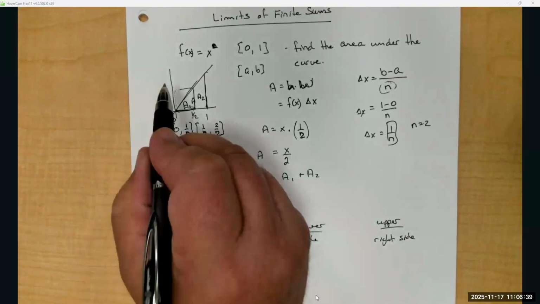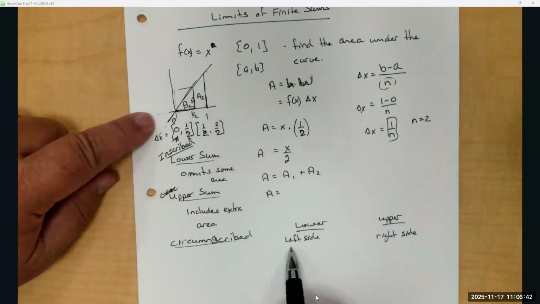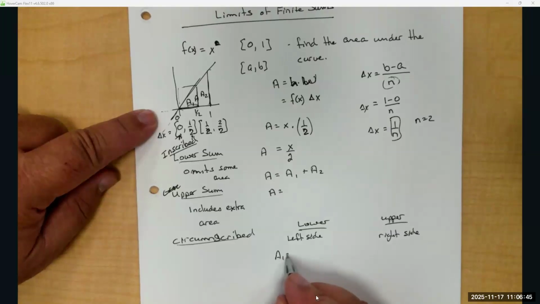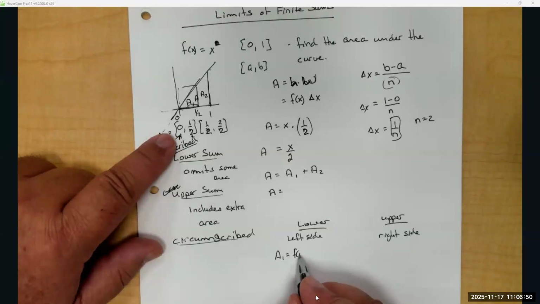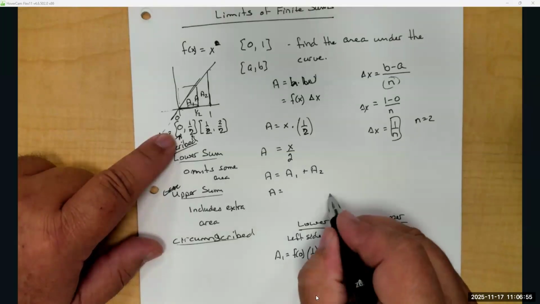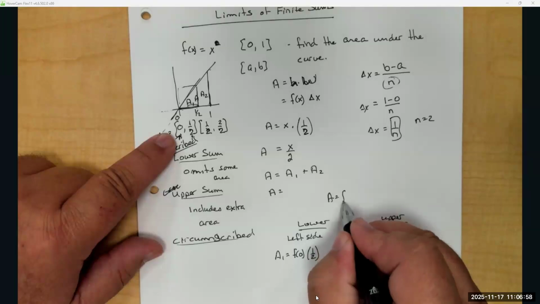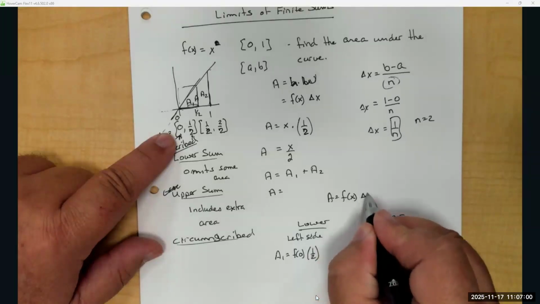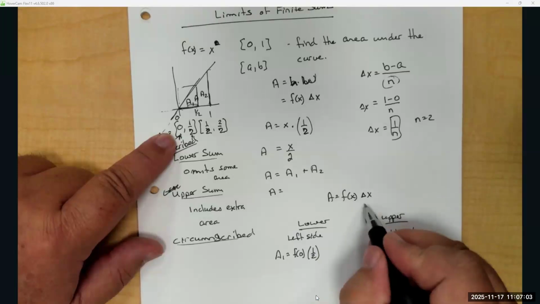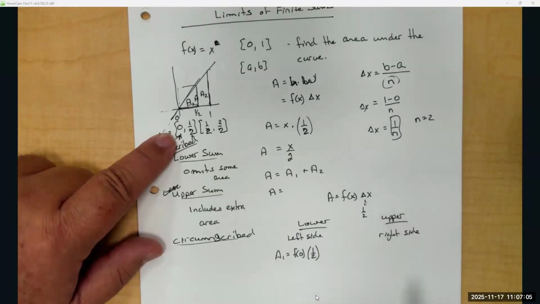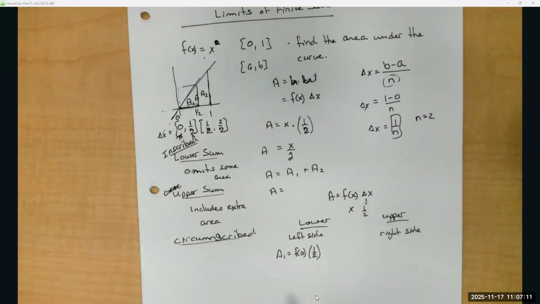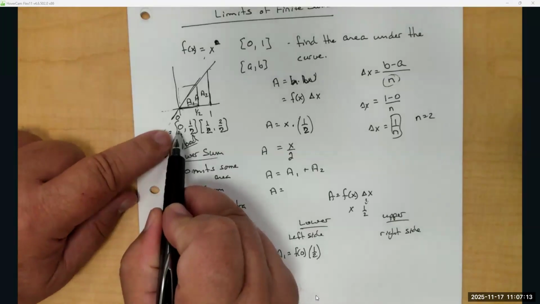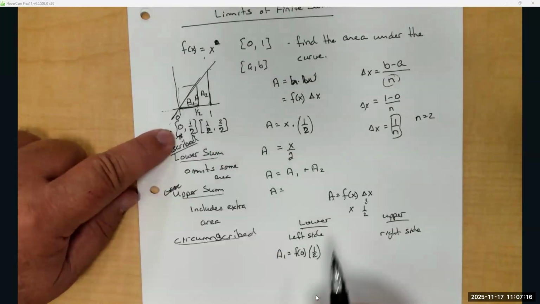That's what that's saying. So if we use the lower sum in this first one, for area 1, we have f of 0 times 1/2. That's your delta x, because your area is your function times your delta x. And our delta x we're saying here is 1/2, and our function is just x. So the left end, the lower sum x value of this interval is 0.